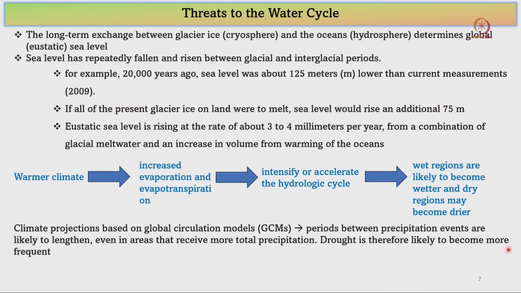And during these interglacial and glacial periods, of course, there is sea level rise and sea level fall. When the glaciers are forming, a lot of water is getting ice locked at the polar regions, so the sea level is falling.